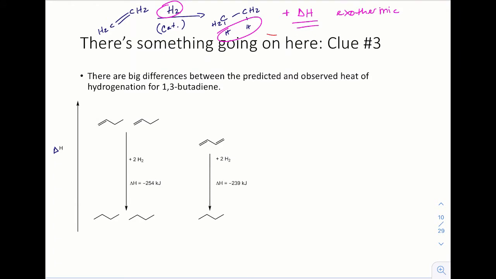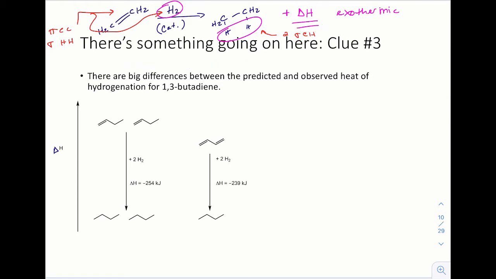How can we understand that? Well, these two sigma C-H bonds are being formed in the product, and those bonds are stronger than the pi C-C and the sigma H-H bonds that are broken in the process. The amount of heat released in this process informs us about the strength of the pi bond.